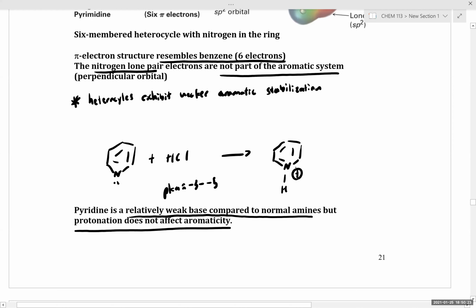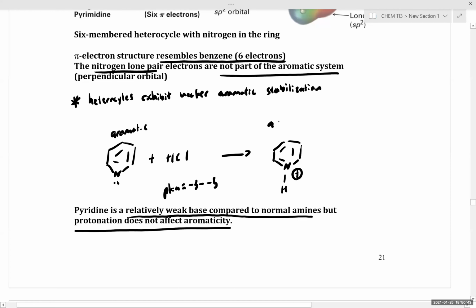Now, thankfully, when we think about this pyridinium salt, our starting material is aromatic. Is this pyridinium salt also aromatic? Is this compound still aromatic? Yes or no? Yes.